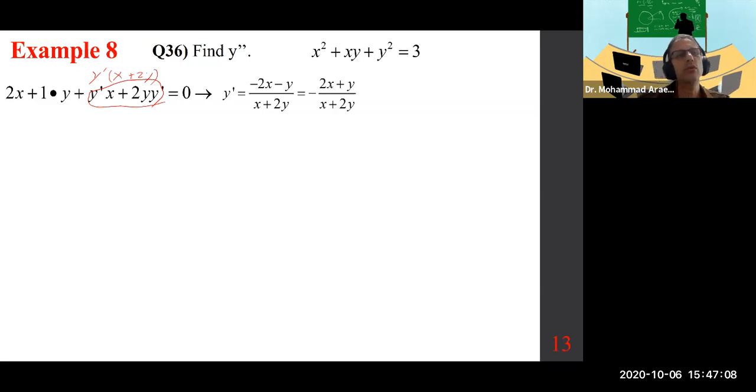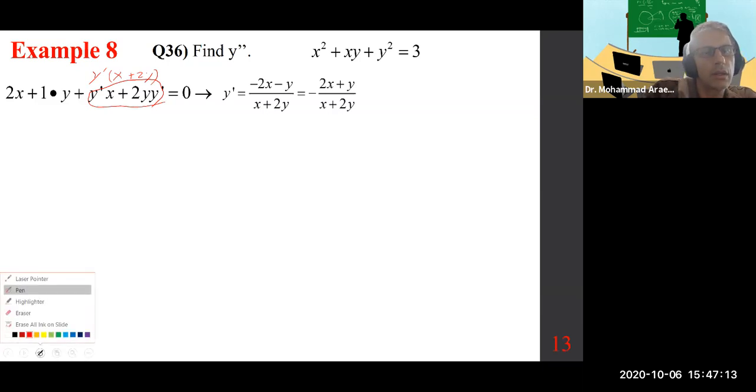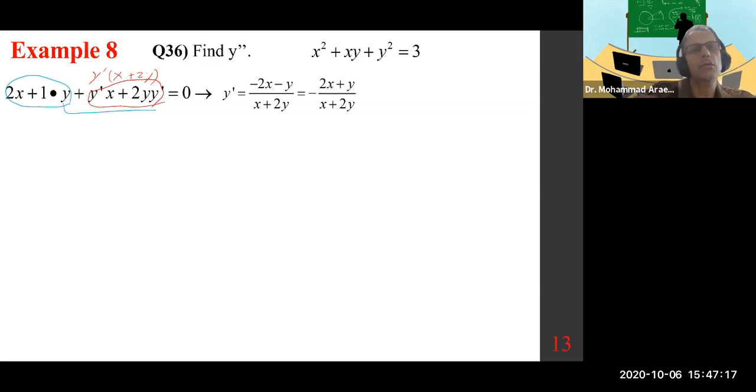And so when you move this 2 to the other side, you get minus 2x minus y. So that's how you get to y prime.